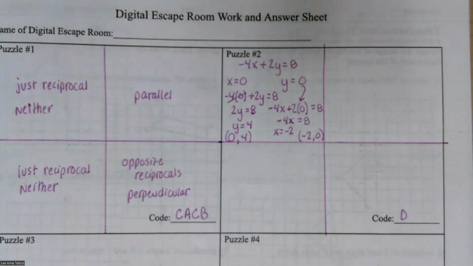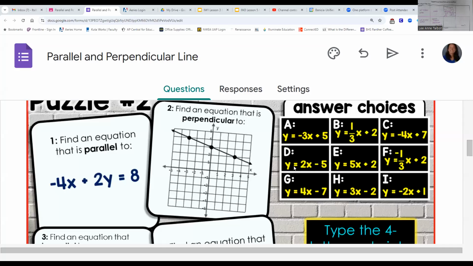Okay, now the next one's not too bad. What is the slope on the graph on number 2? What's the slope here? Rise over run, okay, but it's negative.